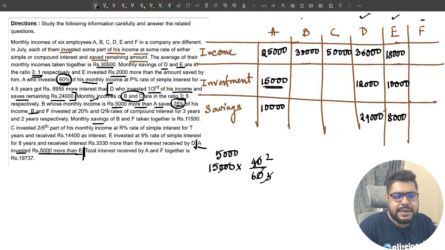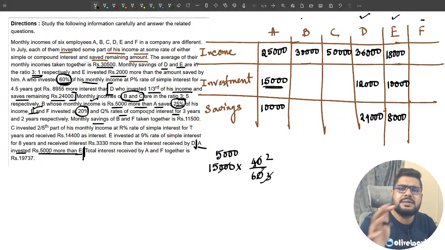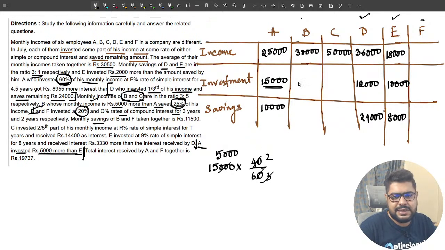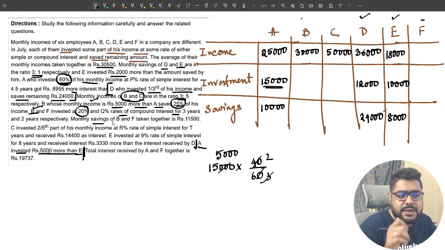Now let's understand this. So A saves this thing. Okay, B invested 20% of his income at certain compound interest rate. So B invested how much? 20% of this. That means, sorry, B invested at 20%. No, sorry. Extremely sorry.